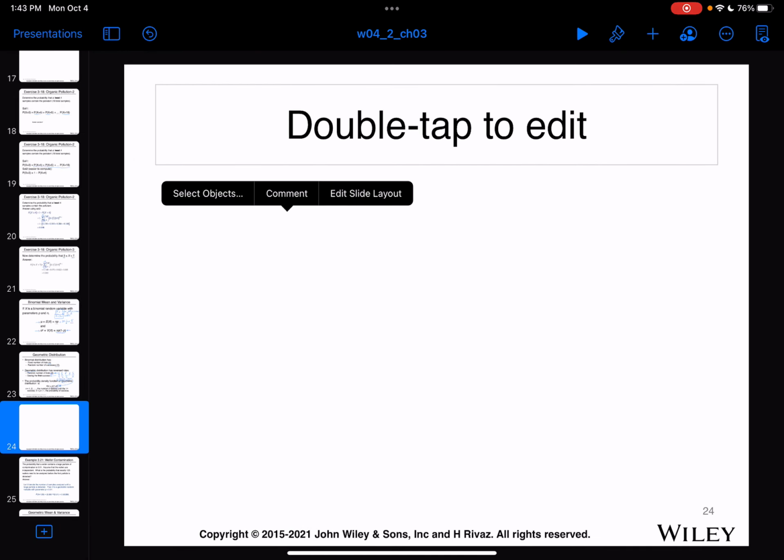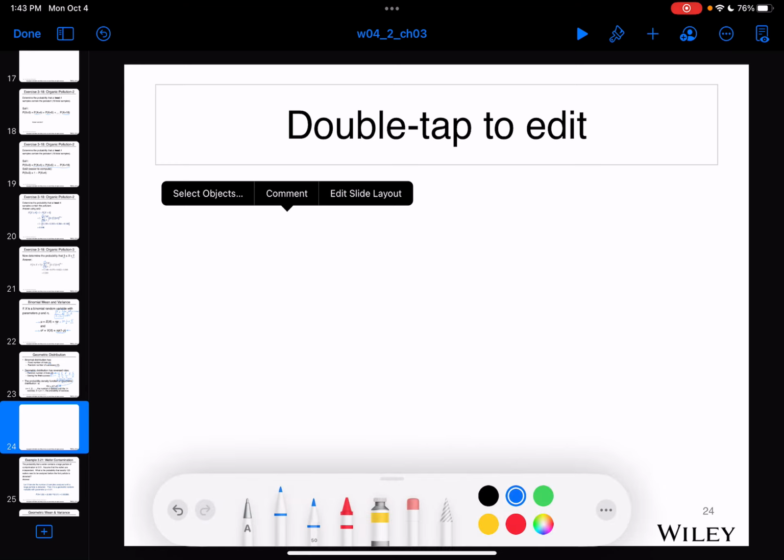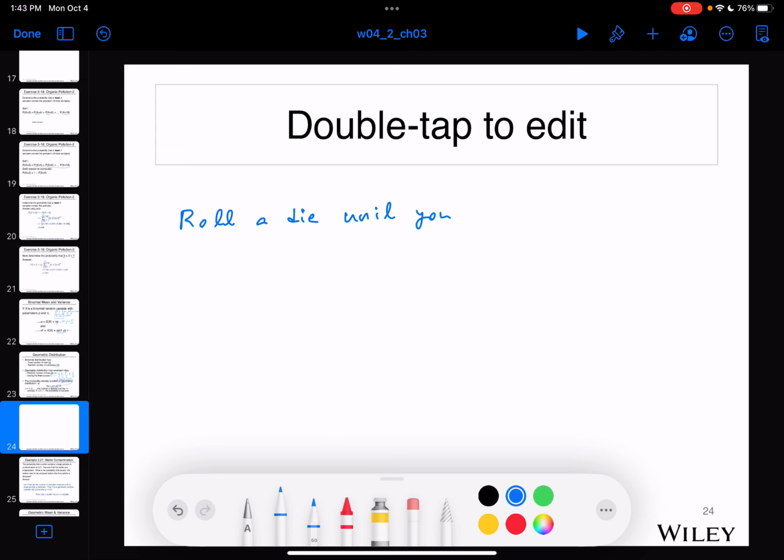Roll a die until you get, since we always say 6, let's here just put a different number, a 5, right? So 5 is defined as success. So we keep rolling the die until we get a 5. Let's say you're playing a game, and in order to win the game, you need a 5, right?